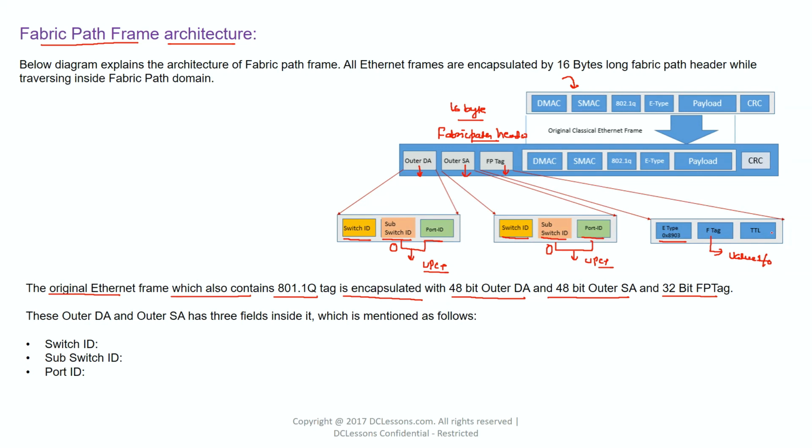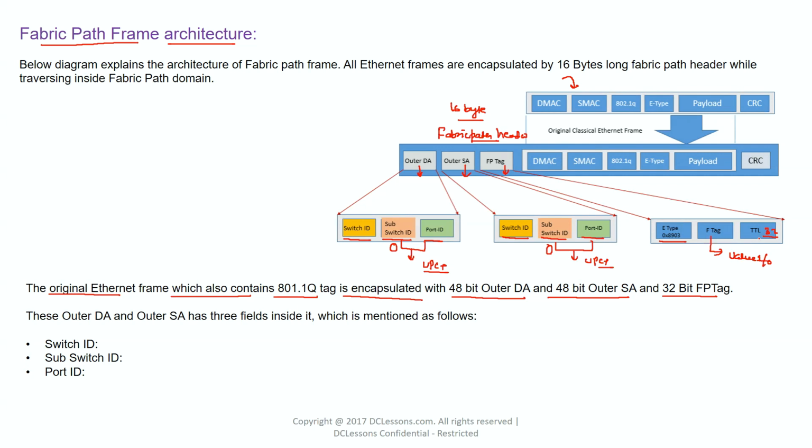And TTL will be 32. This is used to avoid loops. When it reaches 0, the packet is dropped. As any fabric path packet moves hop by hop, its value decrements by 1 from 32, and when it reaches 0, the packet is dropped.